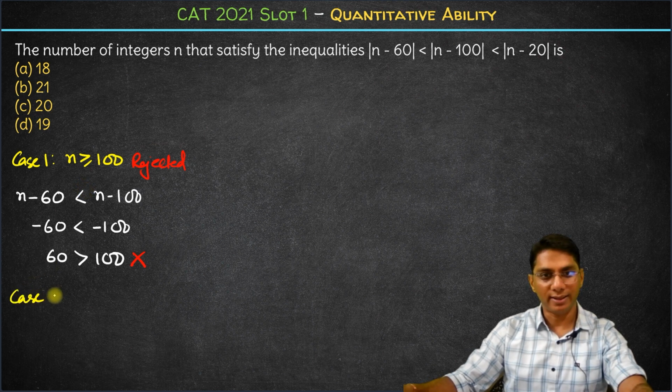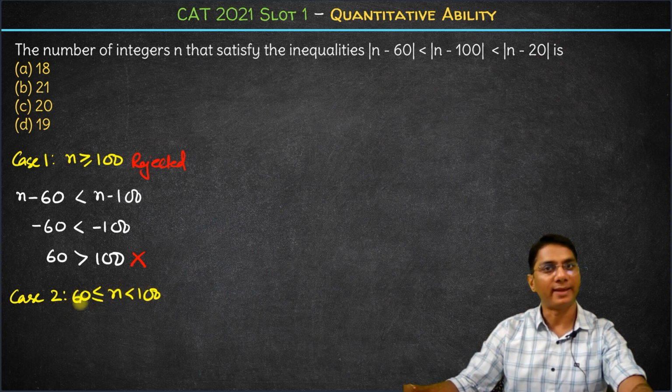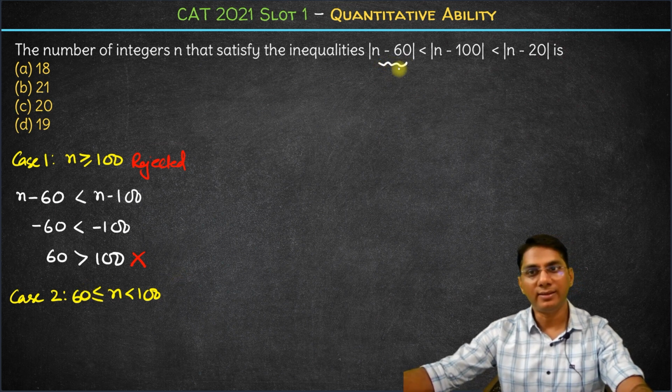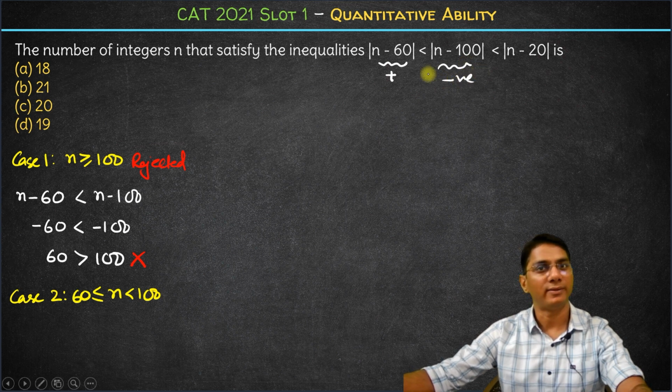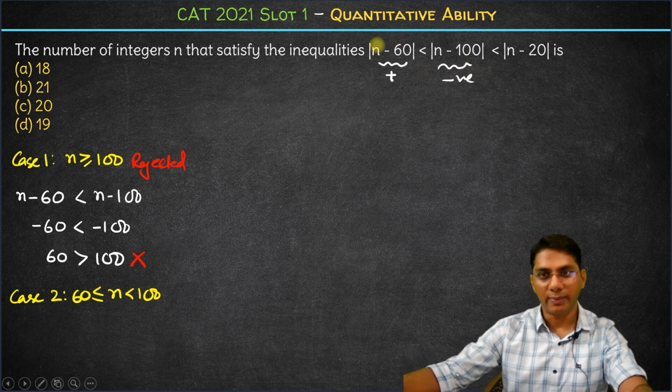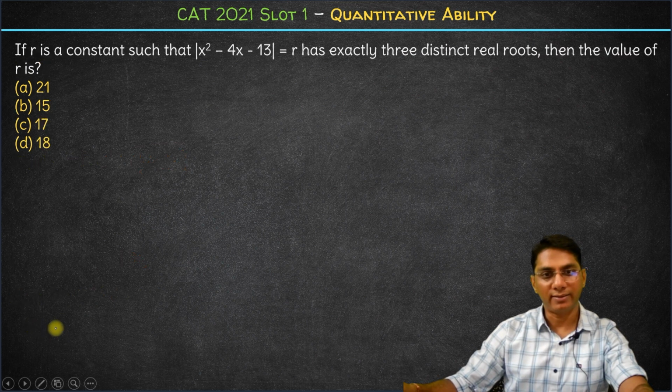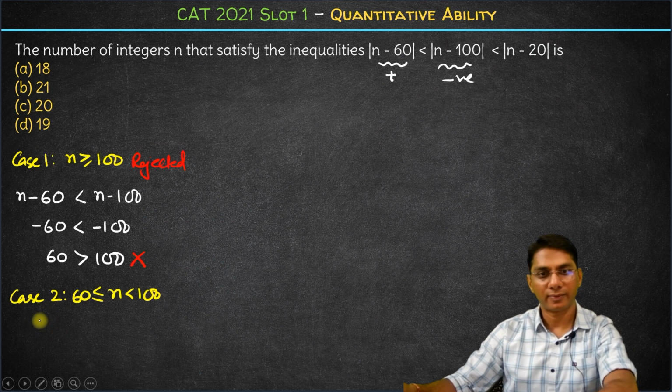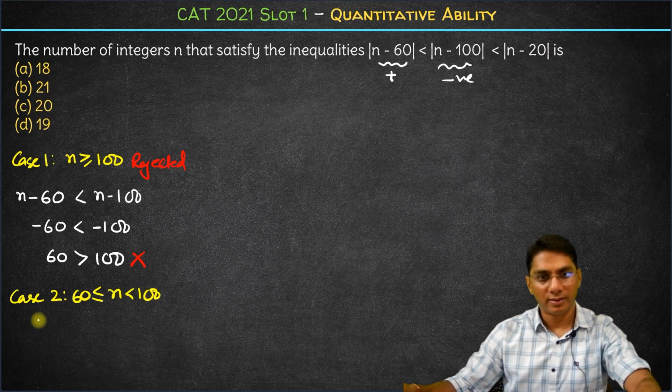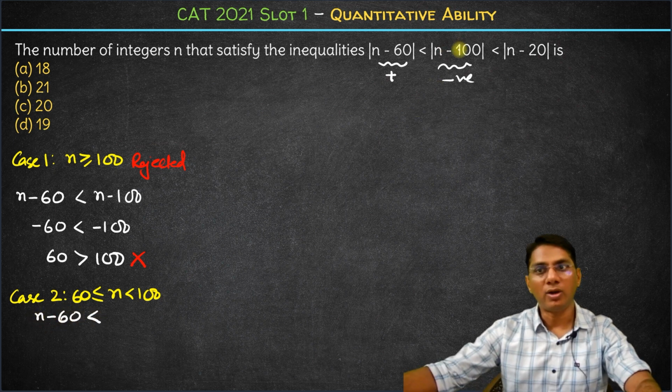Next let's check if n is less than 100 but greater than or equal to 60. Now if n is between 60 and 100, this term here will be positive but this term here will be negative, right? So mod of n minus 60 will be n minus 60 only, which will be less than mod of n minus 100.